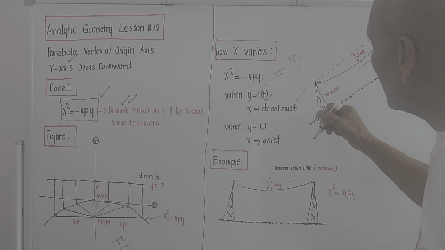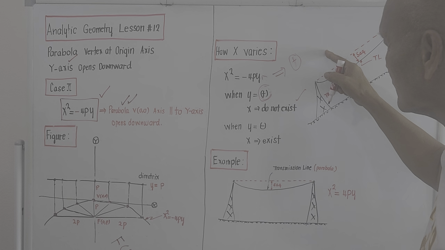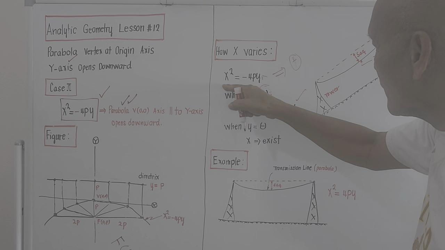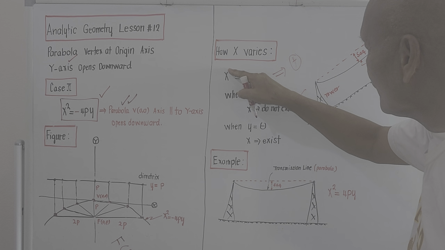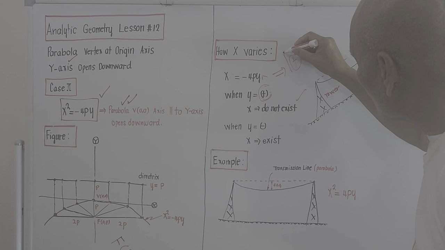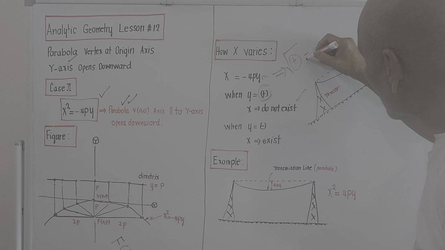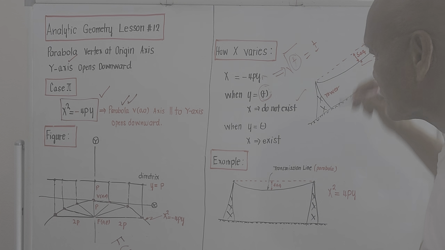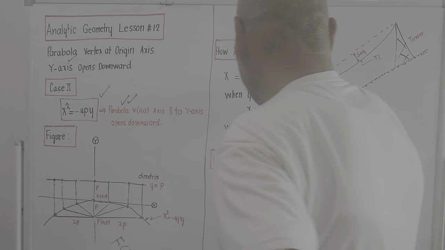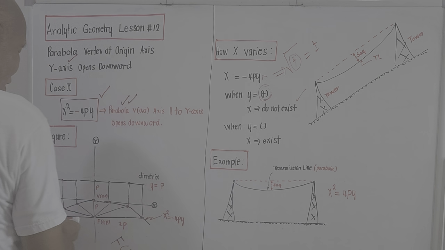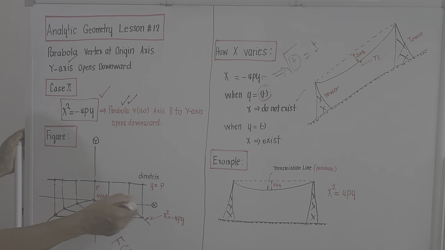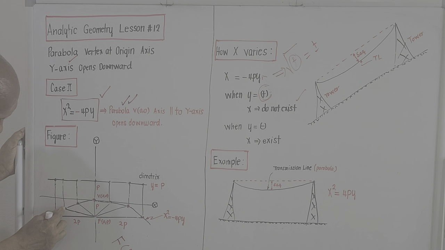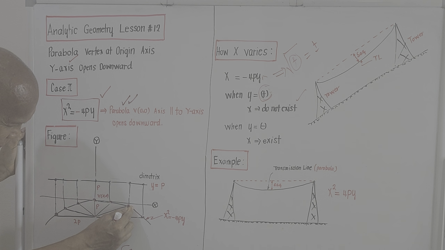Right? So if it's a plus, if we try to compute for the value of x, this should be a square root of a positive number. So what will come out will be a plus or minus. So the significance of this, for any value of y which is a negative value, there will be a left and right value.